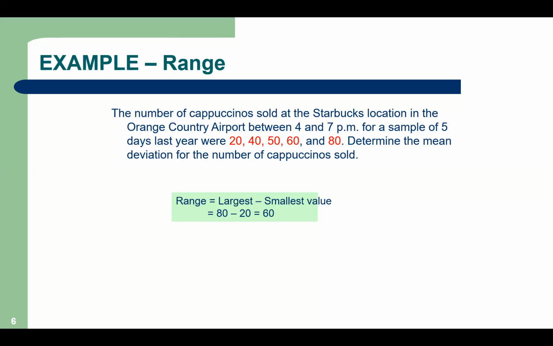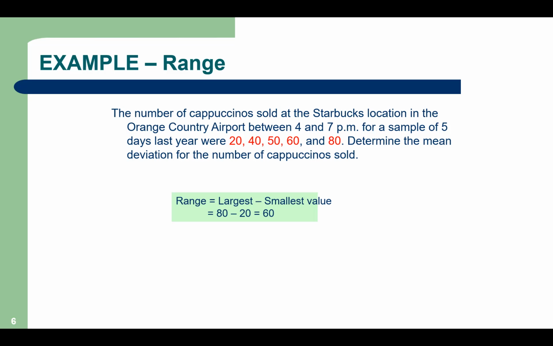The first day they sold 20 coffees, the second day 40, the third day 50, the fourth day 60, and the fifth day 80 coffees. We need to find the range of this data. How will we calculate the range? We will subtract the lowest value from the highest value.